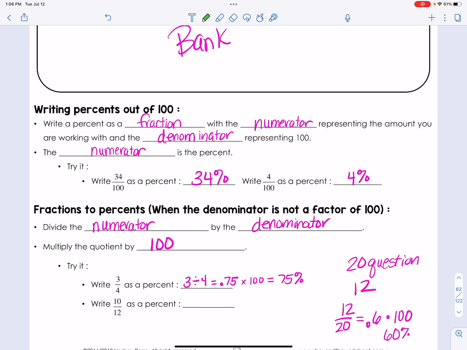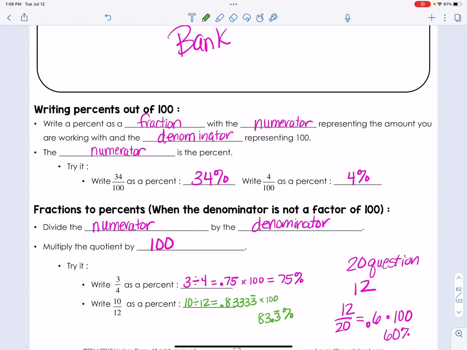So you're going to take 10 divided by 12, and that equals 0.83333. It goes on and on and on forever. So then I'm going to multiply that by 100, and that's 83.3 repeating percent. Okay, so you're going to write these.